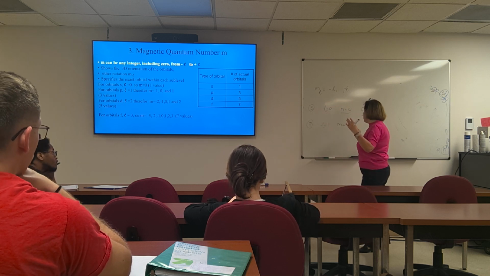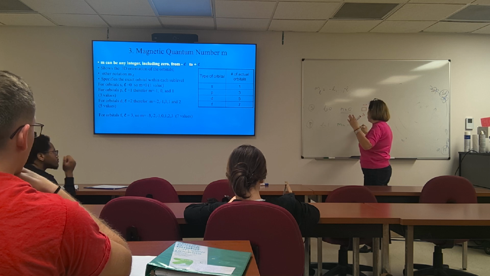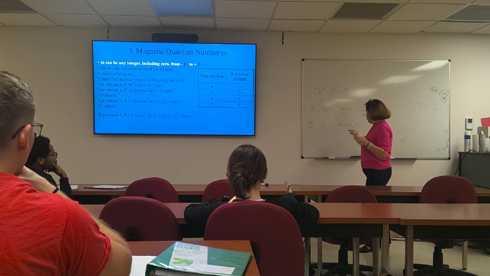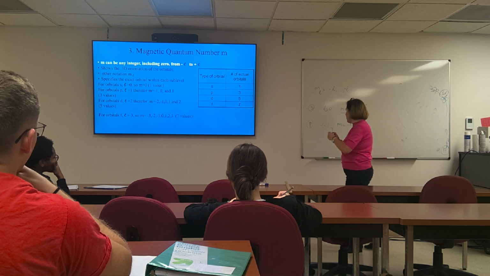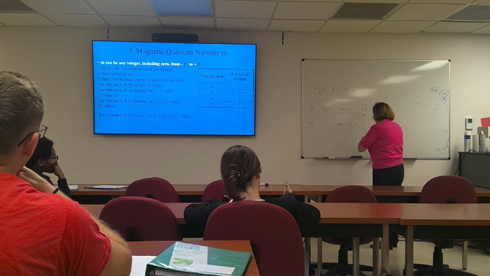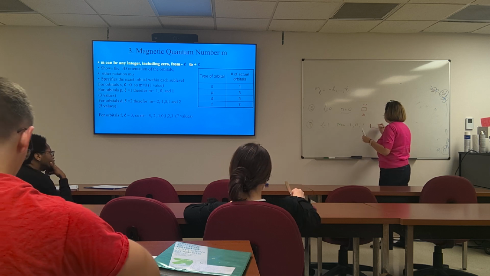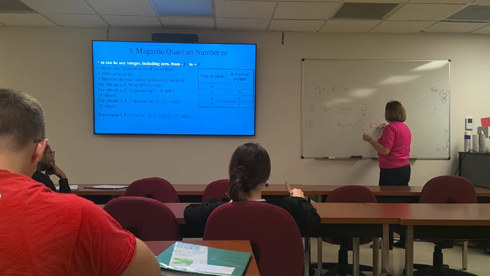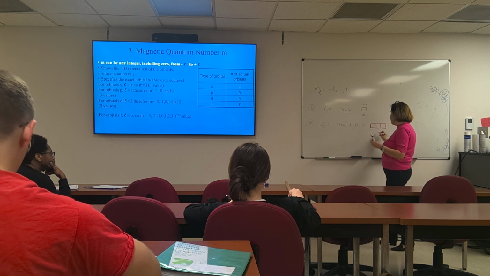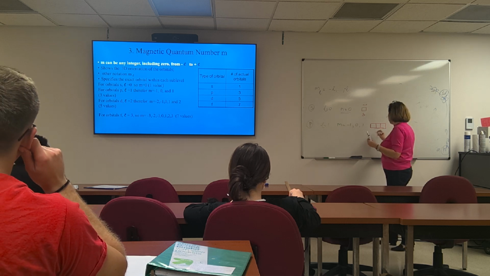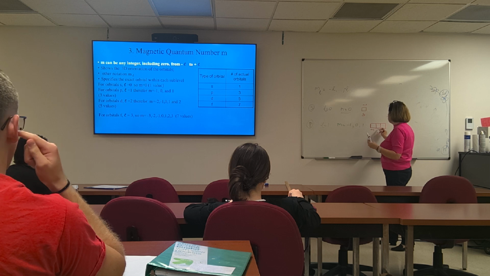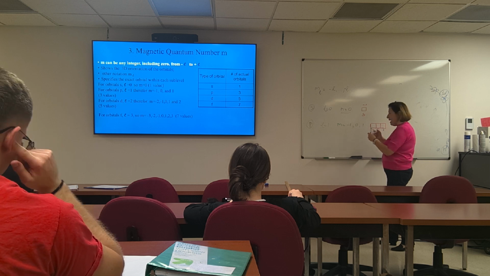What integers are there? -1, 0, and 1, right? So I have 3 possibilities, and that is why we always show the orbital P with 3 boxes. This is your orbital P, and this is box -1, this is box 0, and this is box 1.